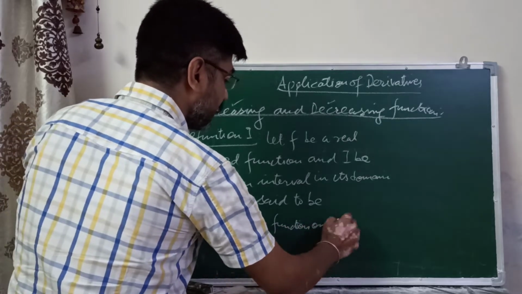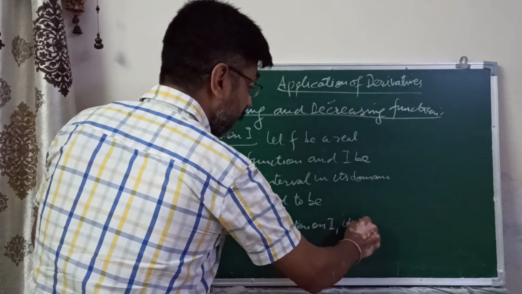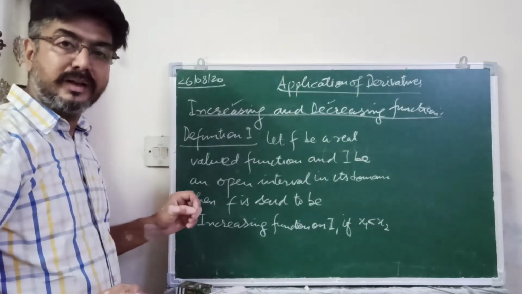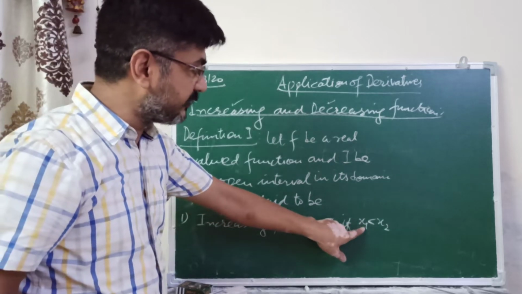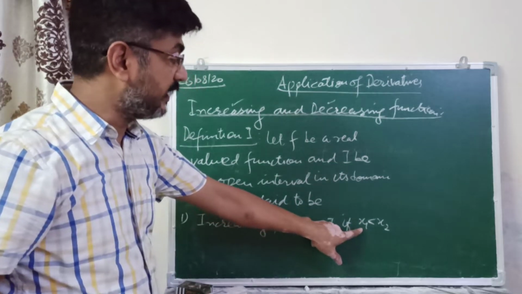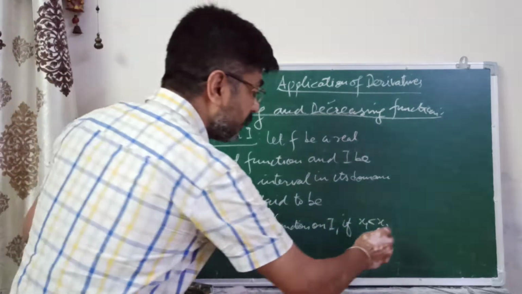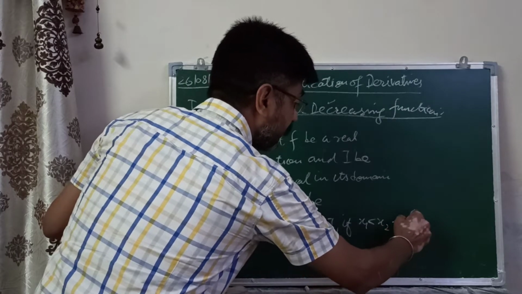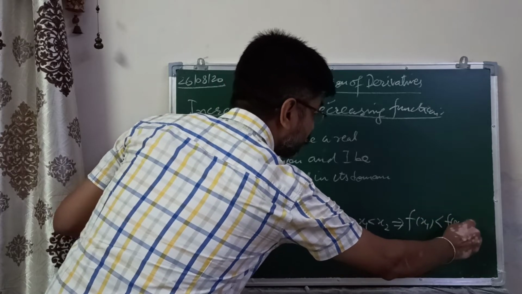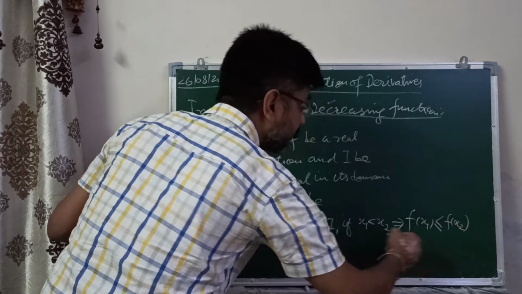if x1 less than x2. We are taking 2 points on the x-axis. One number is x1, another is x2, and x2 is bigger than x1. It means x1 is smaller than x2. It implies f(x1) is less than or equal to f(x2).